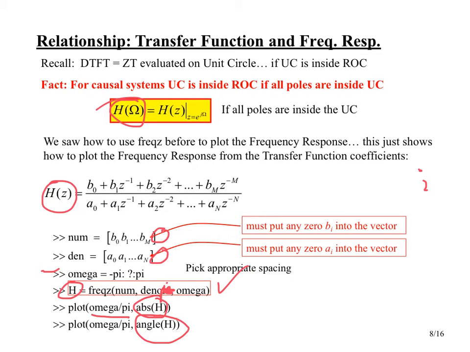So 0.5 would be pi over 2. So these are landmarks that we usually are interested in. And if you just plot it versus omega, you won't really see those nice mile markers, so to speak, because MATLAB doesn't like to put mile markers or tick marks at like 3.14159, right? So this is just a little trick.